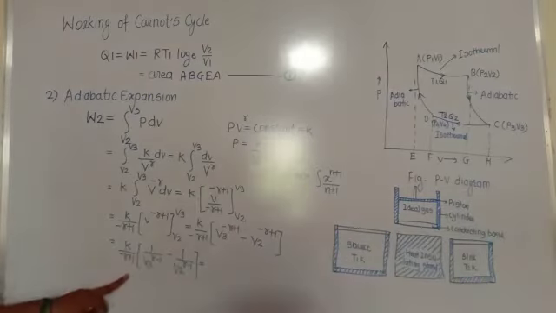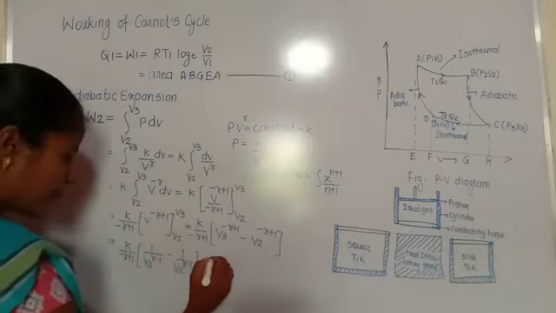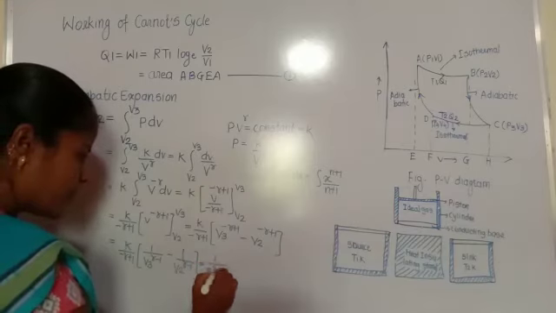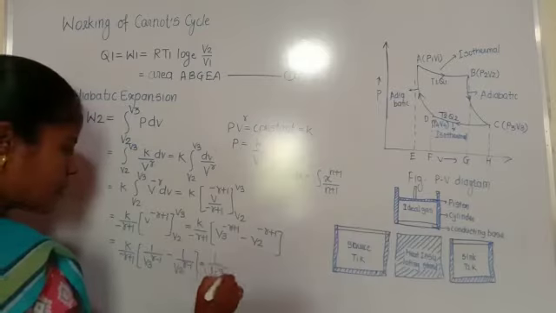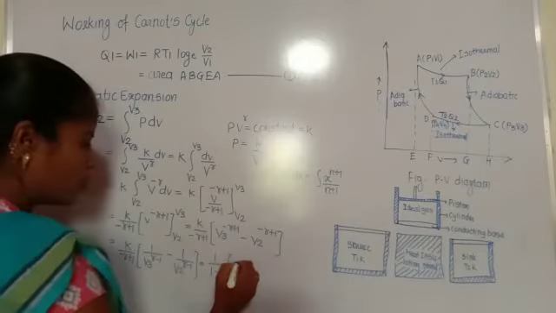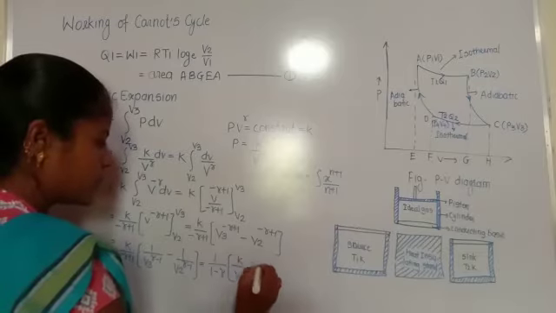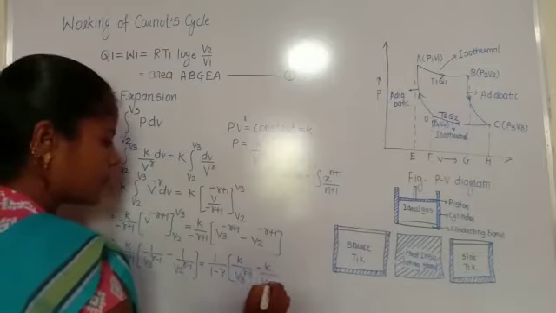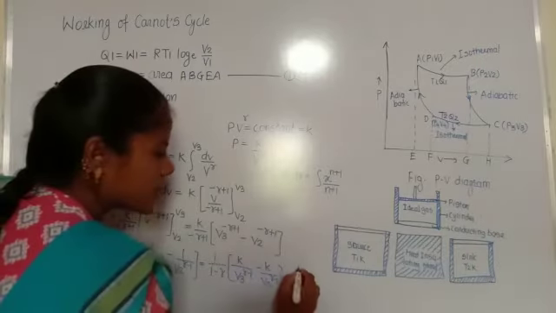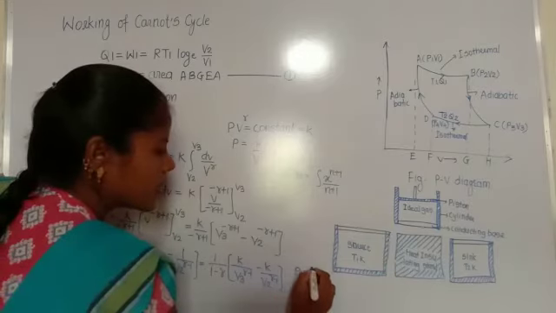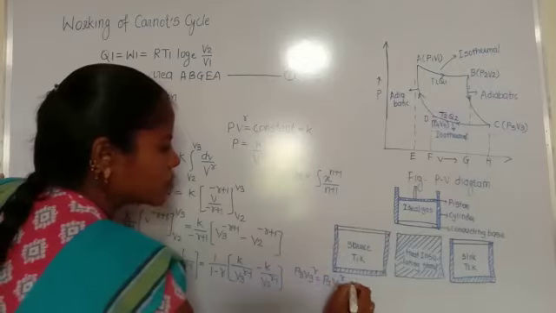So in that case we take k multiplied with both the terms, we get 1 divided by minus gamma plus 1, or we write here 1 minus gamma, into k v3 gamma minus 1 minus k v2 gamma minus 1. So the value of k becomes, means p3 v3 gamma equals p2 v2 gamma equals k.